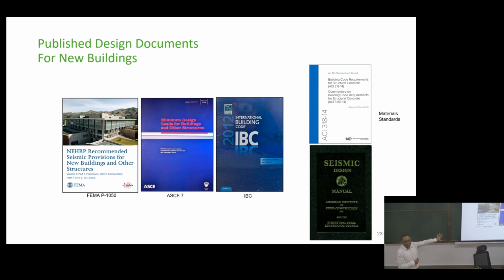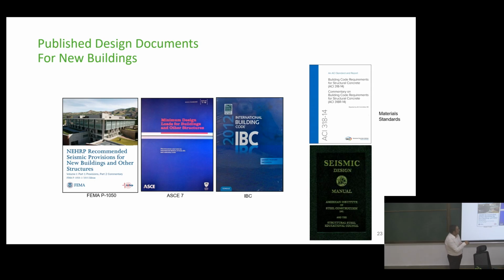These are just guidelines. But if they publish something, it's as good as a code, and it can be incorporated without a lot of discussion into the building code. So FEMA publishes this every few years, and FEMA also has other documents that go into the building code.